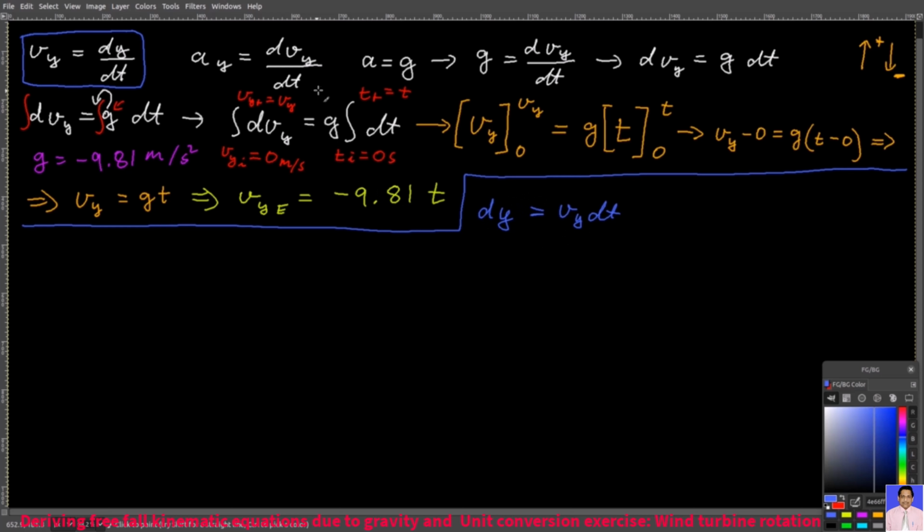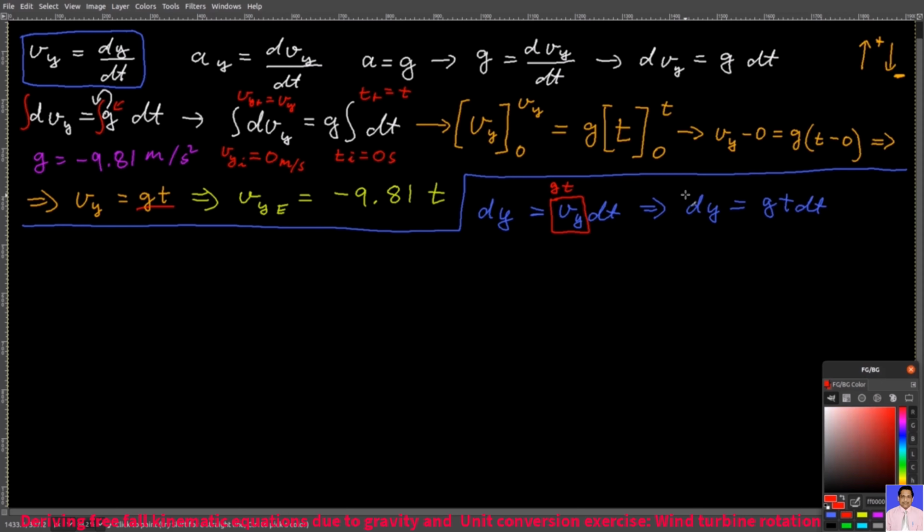First, we used acceleration in order to get a function for the velocity values, and now we're going to use that velocity function in order to get a function for our position values. And so this vy, that's g times t. So you can rewrite it like this: dy equals g times t dt.